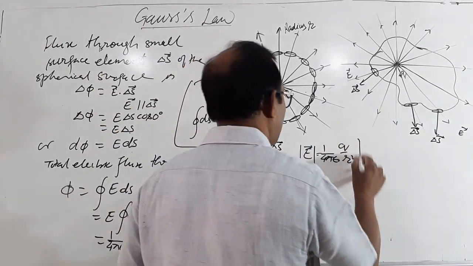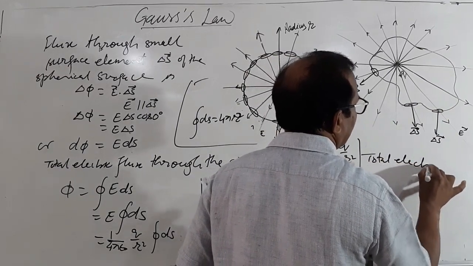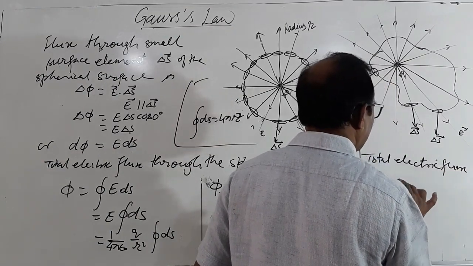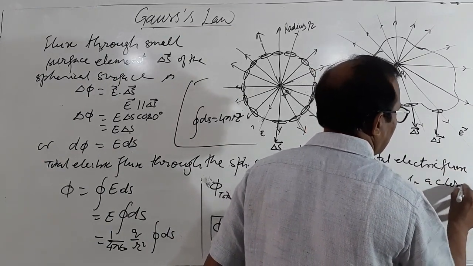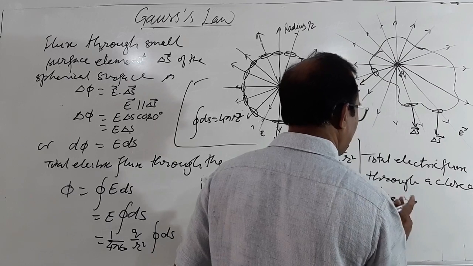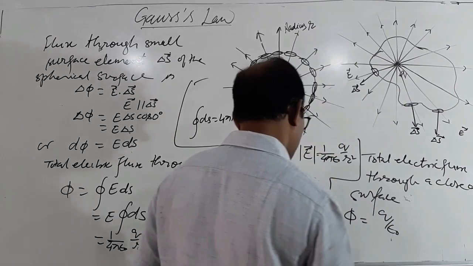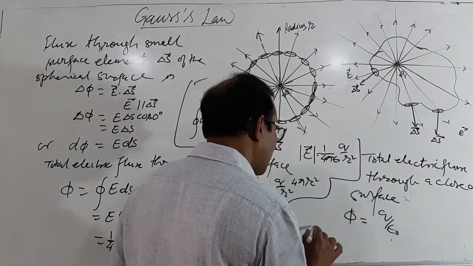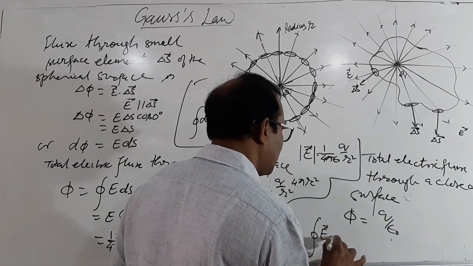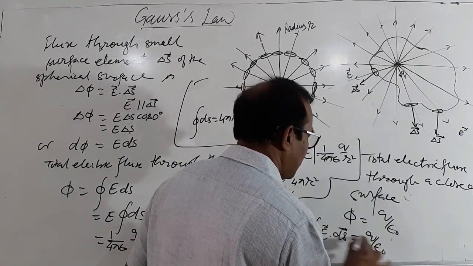The total electric flux through a closed surface is phi equals the closed integral of E dot ds equals Q upon epsilon naught.